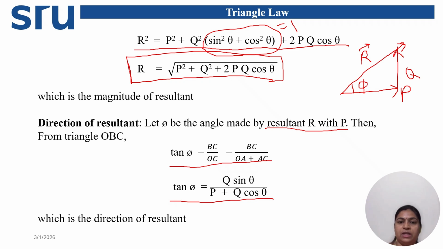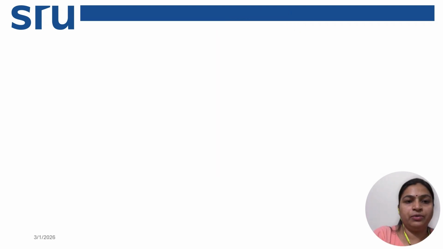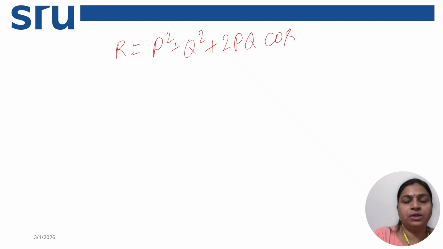If we take the other one, where the angle is with the Q vector, we can find it as well. If we summarize, the resultant R is the square root of P square plus Q square plus 2PQ cos theta.